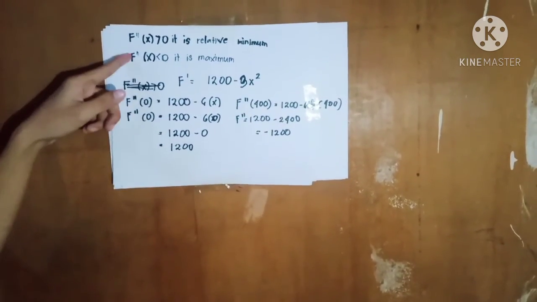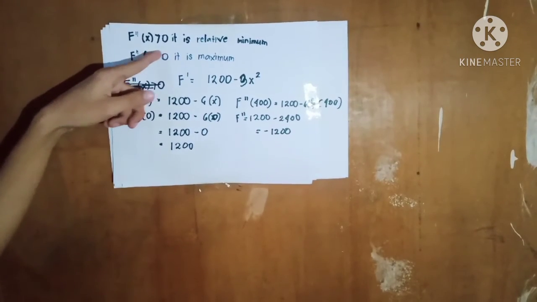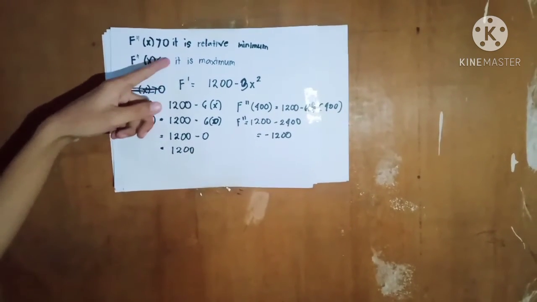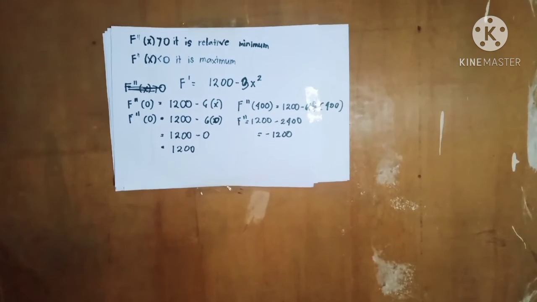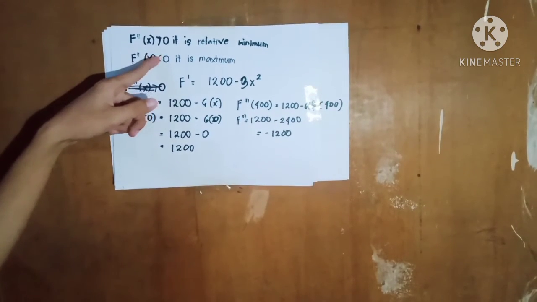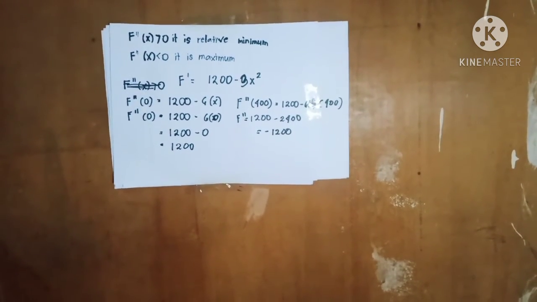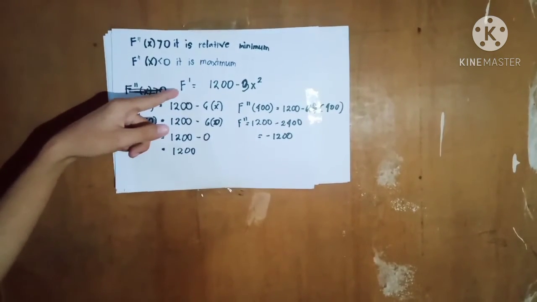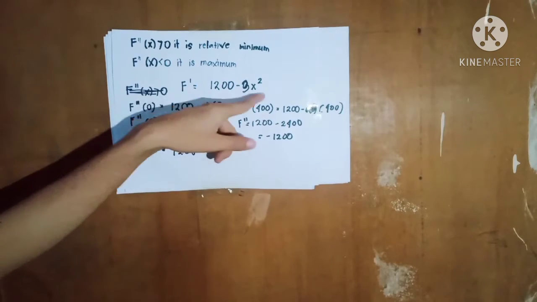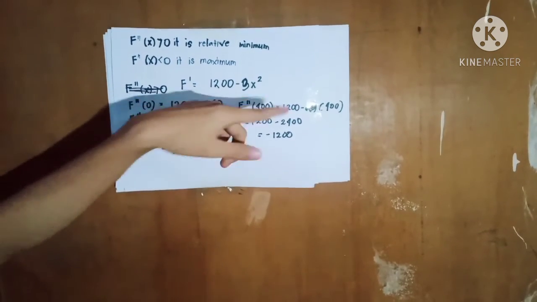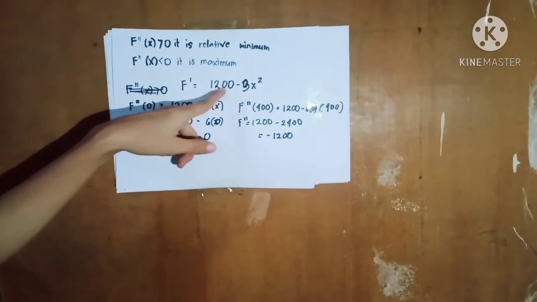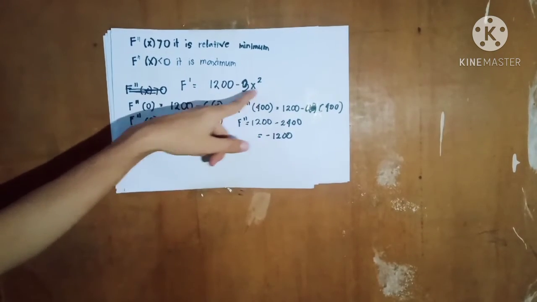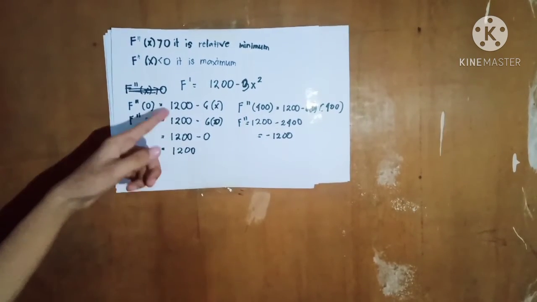If f double prime x is lesser than 0, it is a relative maximum. So, ang first na gagawin natin dito is kukunin natin yung second derivative ng function na to. So, 1,200, yung derivative ng 3x squared is 6x. So, magiging ganito na siya.